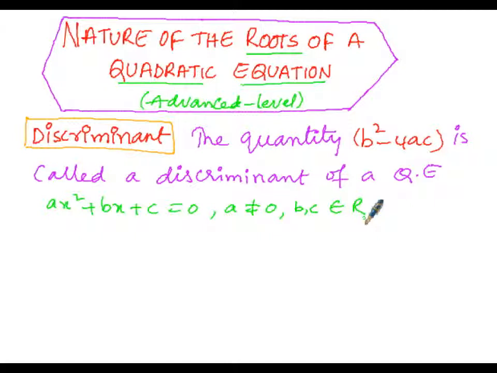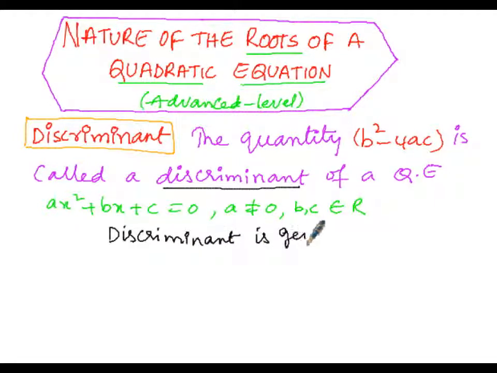Now generally this discriminant, that is the b square minus 4ac value, is denoted by D or delta.